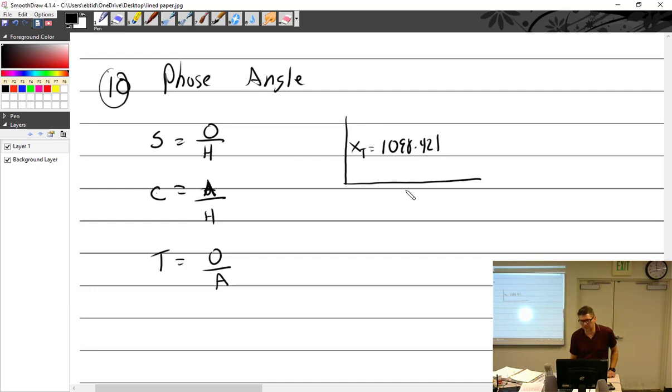And my resistance is 500. What is the total? Just the resistance. Oh, okay. Because remember, this is always resistance, and this is always the reactance, either XT or X. Well, it's XT. Sorry.